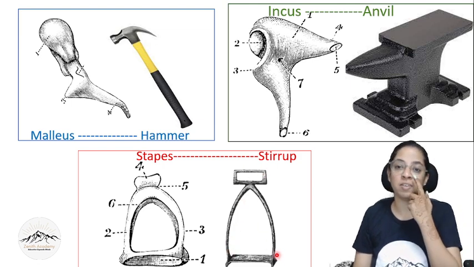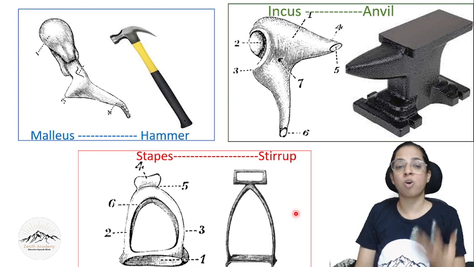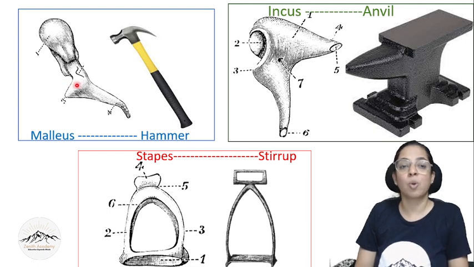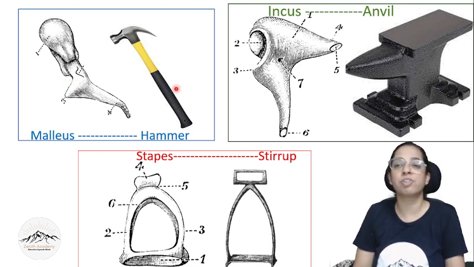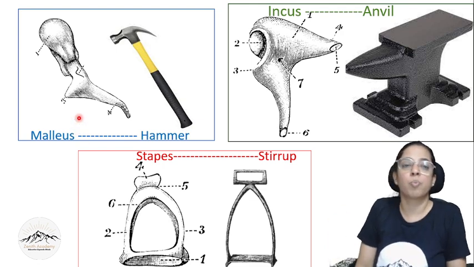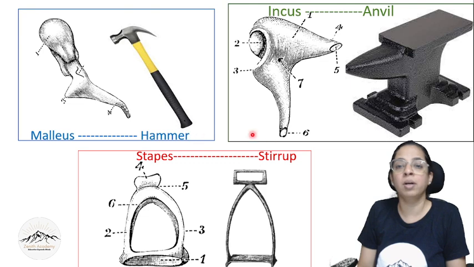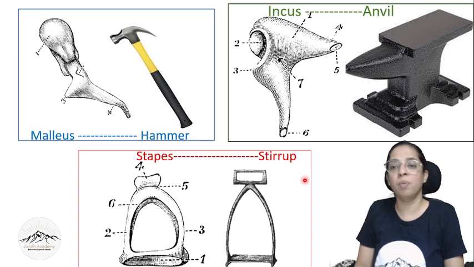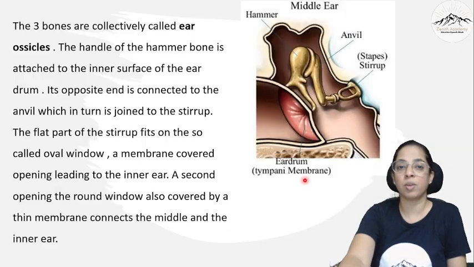You must have seen when you have gone for horse riding or something, right? So this picture clearly shows why these are the more common names. So more common name of malleus is hammer. For incus, it is anvil, and for stapes, it is stirrup. Okay, so I hope now you will remember these three bones very well.